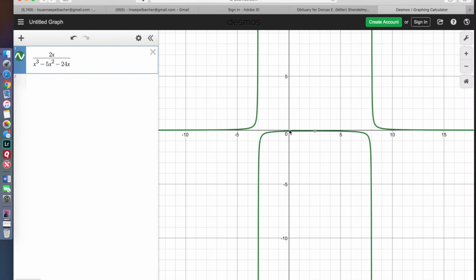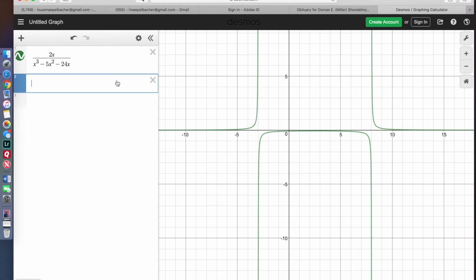So your hole is there, and that's one of the things that you're asked to do. And in the other part of the video, I show you how to find the y value of that hole, and you'll get -1/12. Notice also that you've got a vertical asymptote here, and that's -3. You've got a vertical asymptote here, that's at +8.